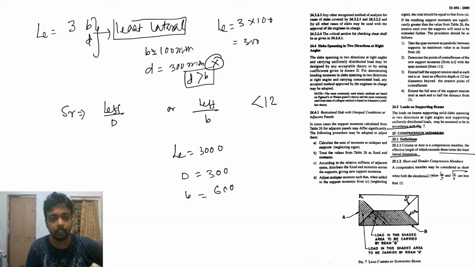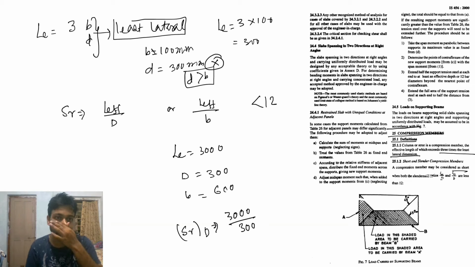So what is the slenderness ratio for the D side? 3000 by 300. And the slenderness ratio for the B side is 3000 by 600. In this way you have to find the slenderness ratio.